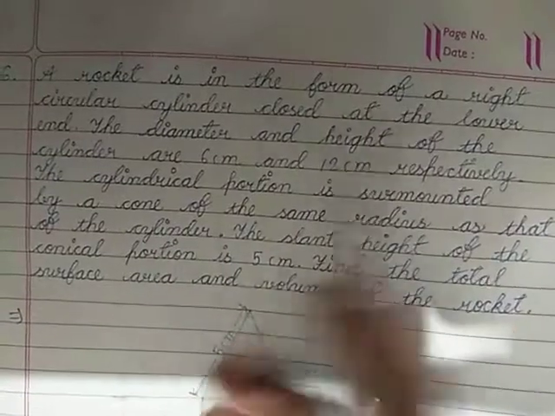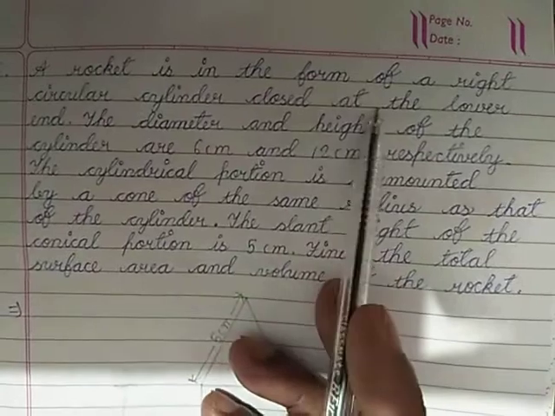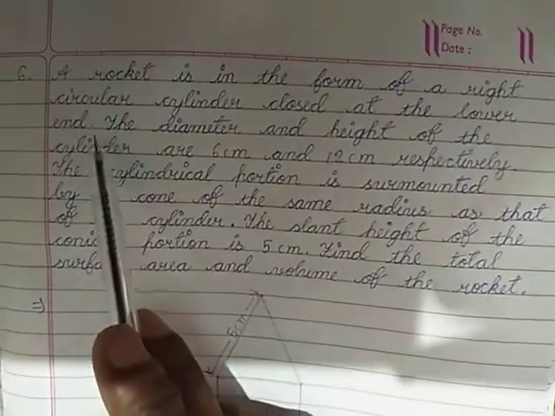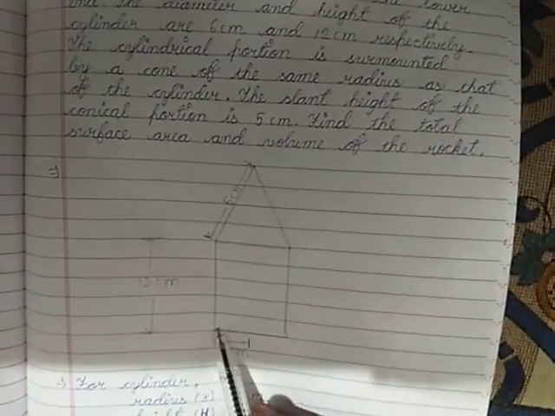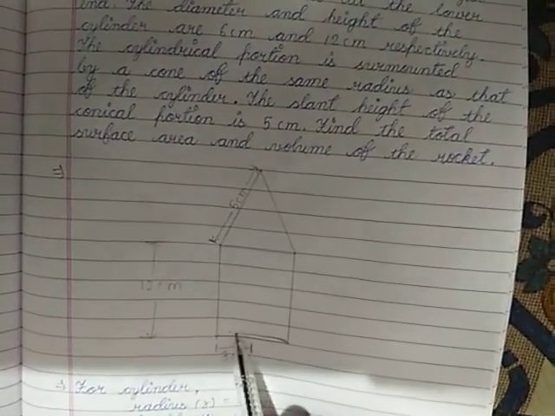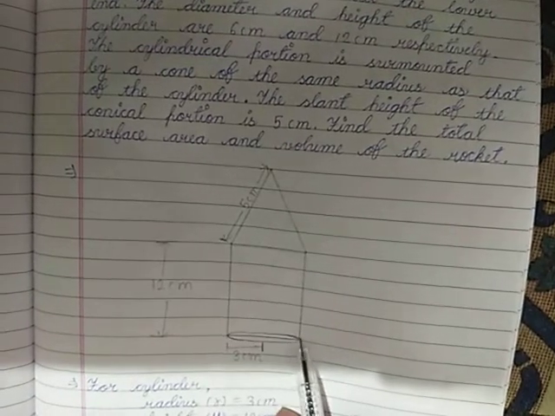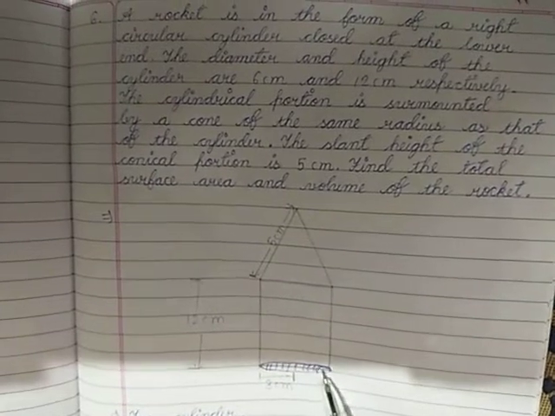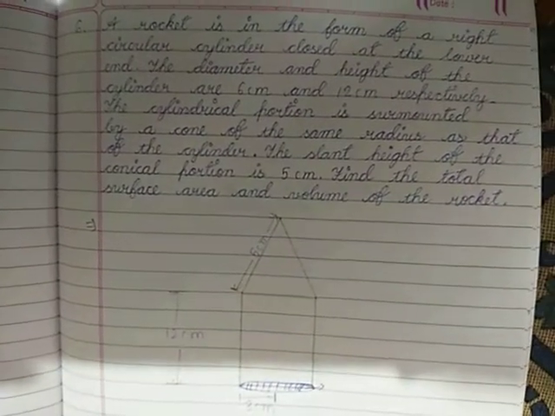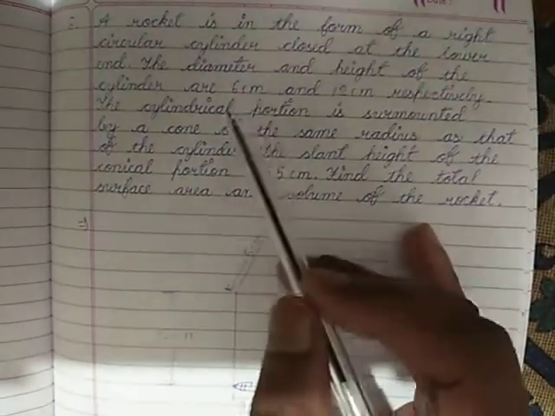It is in the form of a right circular cylinder closed at the lower end. Closed at the lower end, that is very much important. This part is given, so it will be included. This area. Closed end means it will also include it.